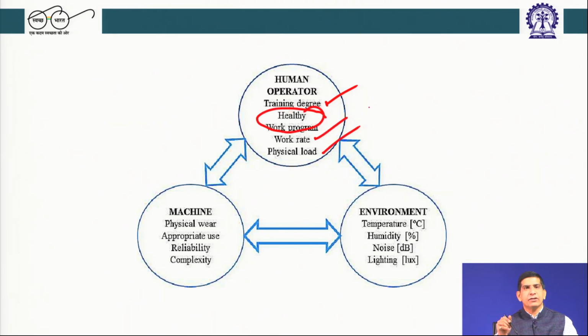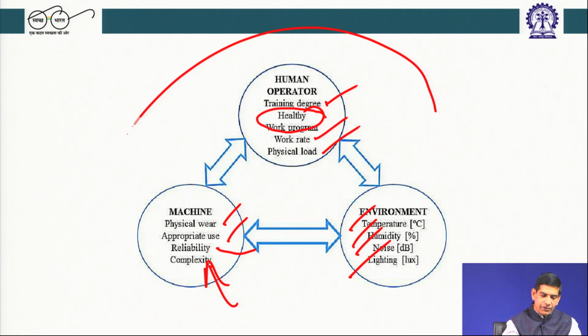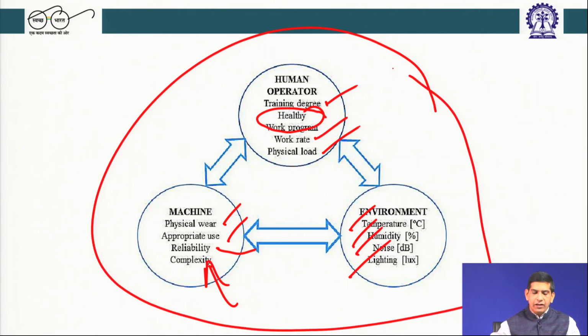We also look at how much physical load we can really handle. Environment provides temperature, humidity, noise, lighting and all that. For machines, there will be some physical wear and tear, appropriate use is required, and reliability of the machine. Some machines are more complex than others, but all these three together play a bigger role in developing and delivering any product.